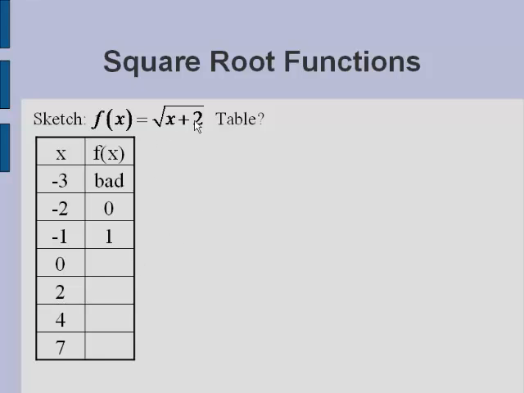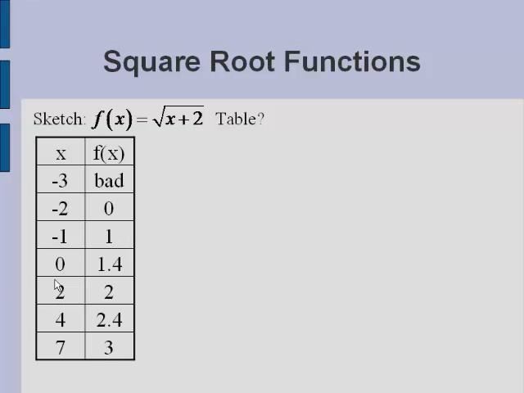If I put in 0, 0 plus 2 is 2, the square root of 2 is about 1.4. Putting in 2, 2 plus 2 is 4, the square root of 4 is 2. Putting in 4, 4 plus 2 is 6, the square root of 6 is about 2.4. And finally, putting in 7, 7 plus 2 is 9, and the square root of 9 is 3.